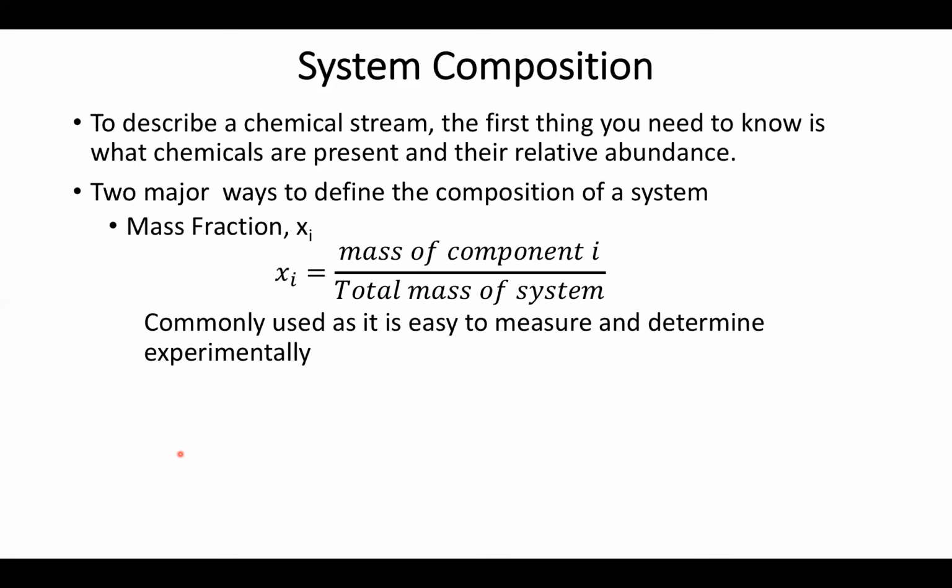If I filter out the system or put it through some form of separator, I can mass out each of my individual components, and I can quickly take a total measure of the mass entering the system. As well, I can just tell you to add 10 grams of salt and 20 grams of water. So this is going to be the easiest one for on-the-ground chemists to make use of, because mass is really easy to measure.